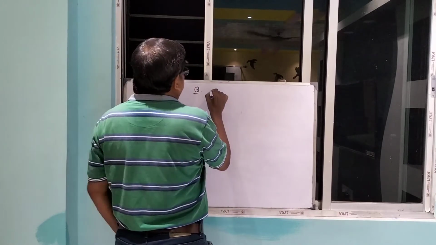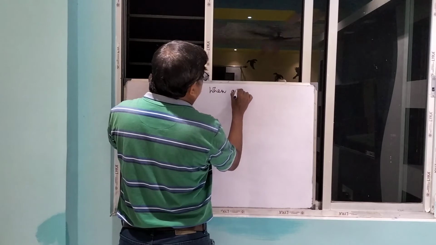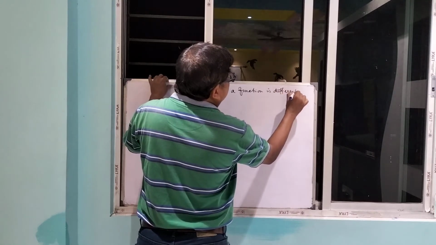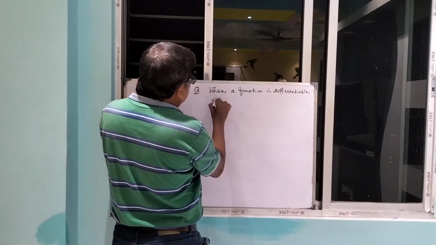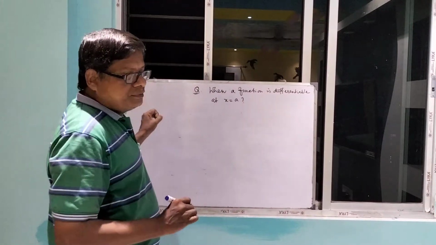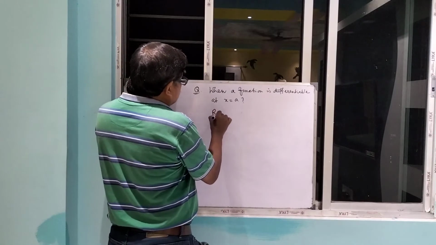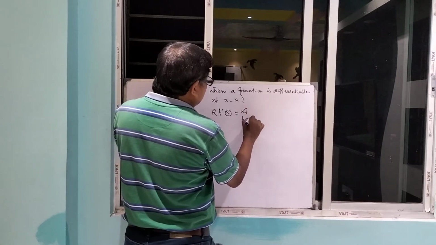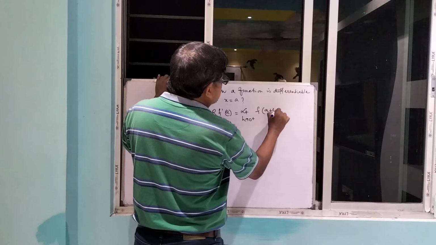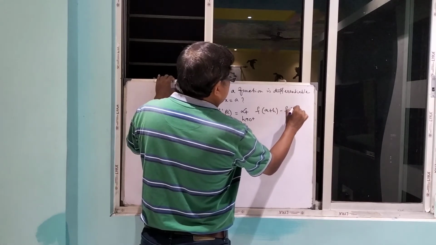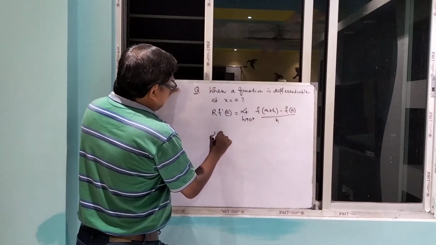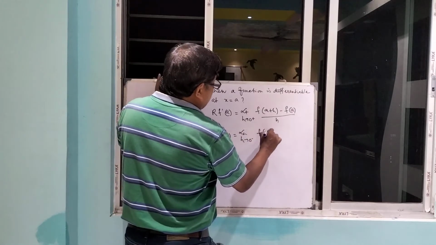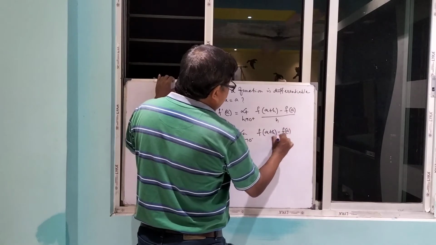When a function is differentiable at x equal to a, first write R f dash a, which we know equals limit h tends to 0 plus of f of a plus h minus f of a by h, and L f dash a equals limit h tends to 0 minus of f of a plus h minus f of a by h.